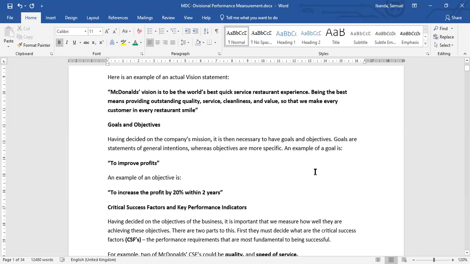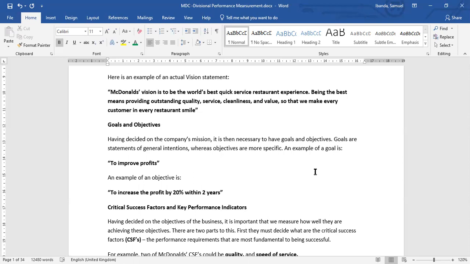And then for us to get down to an objective, remember where we now bring in the SMART idea: specific, measurable, attainable, realistic, timeliness. We now get down from improving profits to say, increase the profit by 20% within 2 years. So that should help you distinguish the goal and the objective.